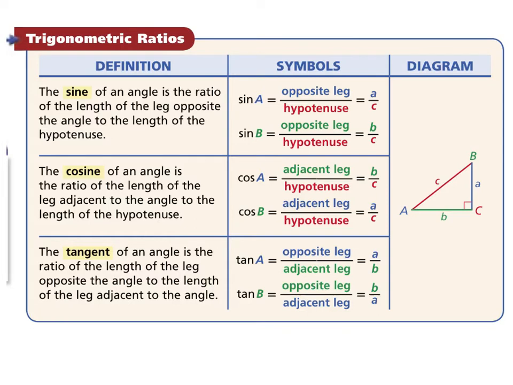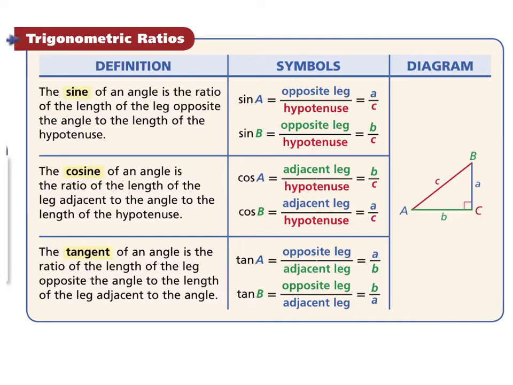Cosine is adjacent over hypotenuse. And lastly, the tangent of an angle is the ratio of the length of the leg opposite the angle to the length of the leg adjacent to the angle. So tangent is opposite over adjacent. You must memorize these three things.